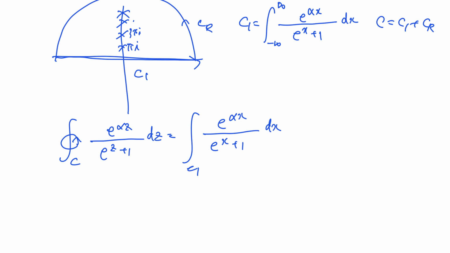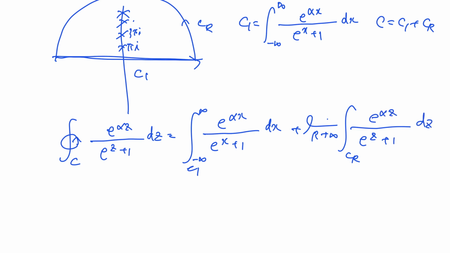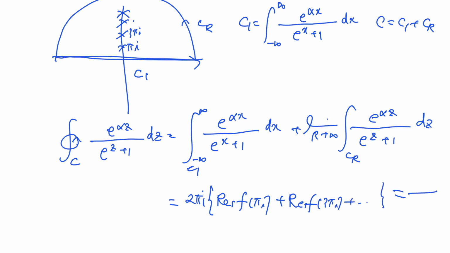So C1 is actually minus infinity to infinity, plus the limit as r goes to infinity of the integral over CR of exponential alpha z over exponential z plus 1 dz, which is 2 pi i times the residue at pi i, the residue at 3 pi i, etc., etc. This is pi over sine alpha pi. Right?